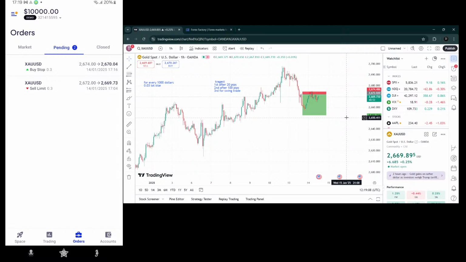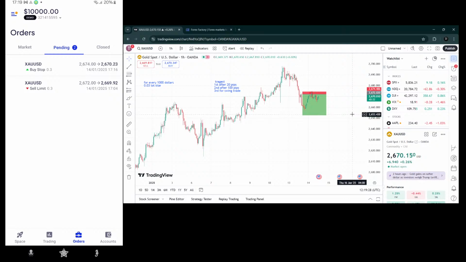And the basis of this trade is, first you have to see the rejections. As you can see, yesterday market went down and then back up to 75, then went down, then 75.